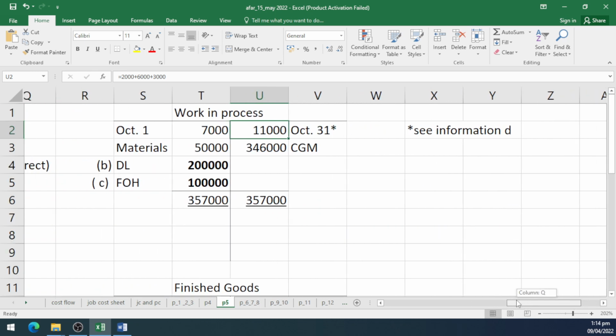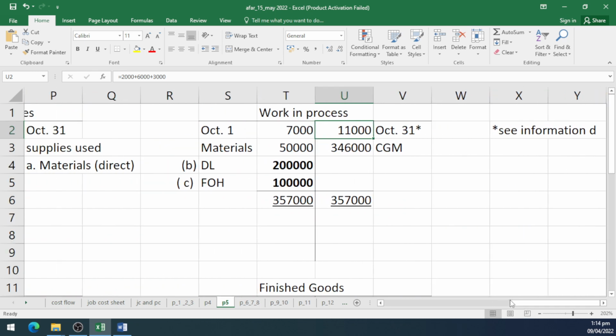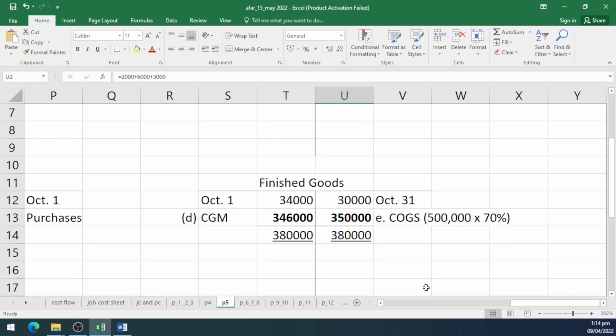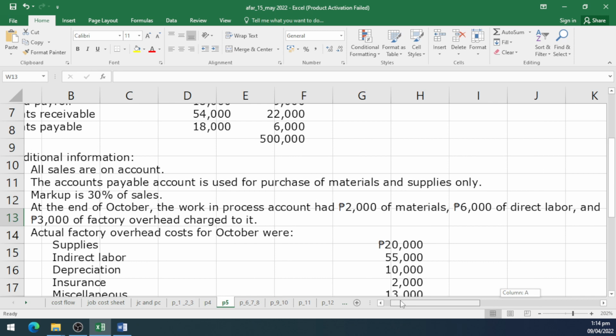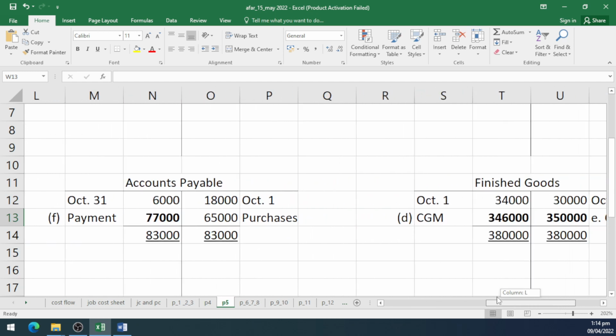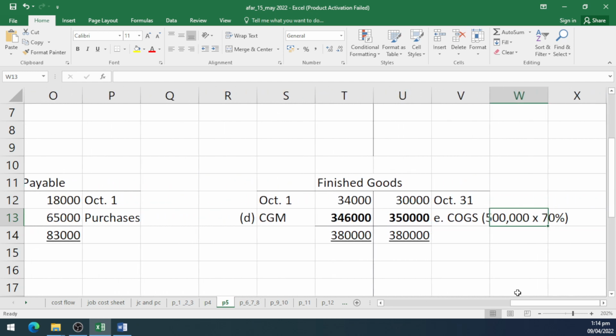Sinabi dyan na ang sales ay 500,000. At ang gross profit rate, 30% of sales. Markup is 30% of sales. Therefore, the cost of goods sold ratio is 70%.